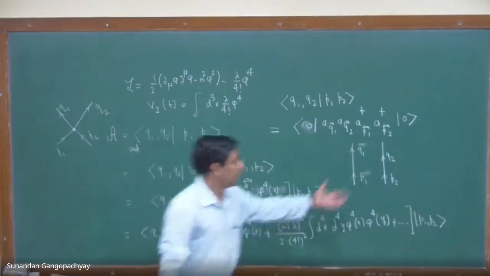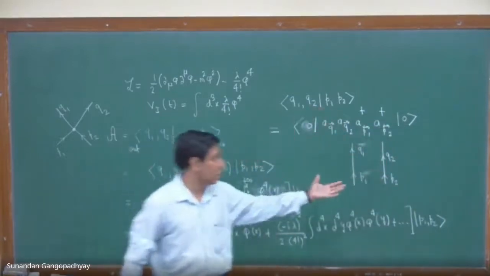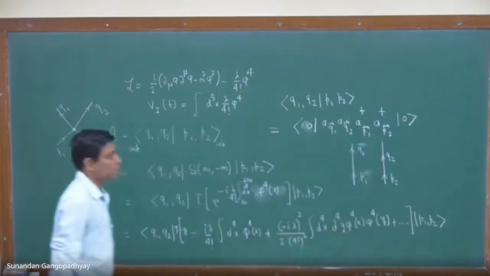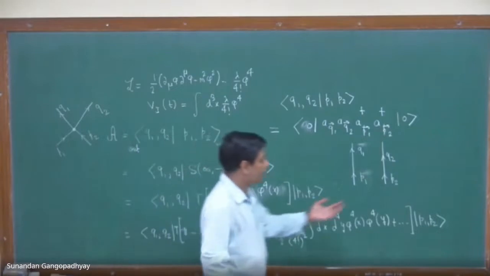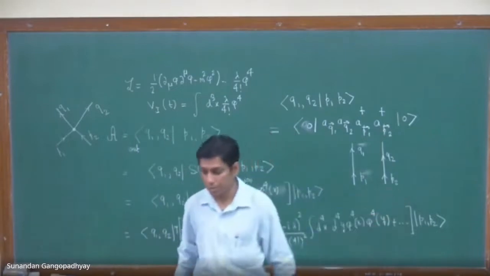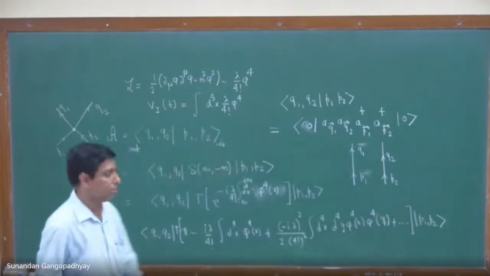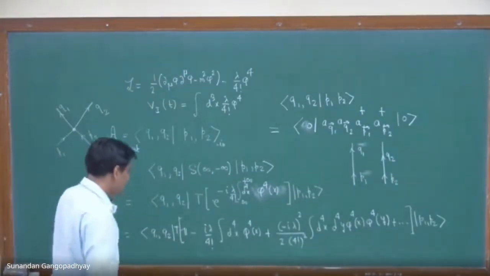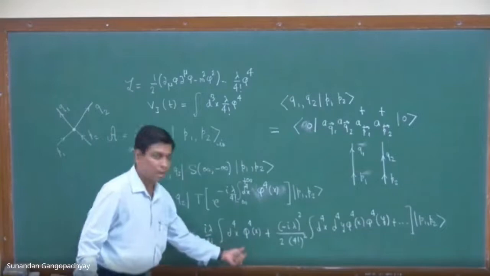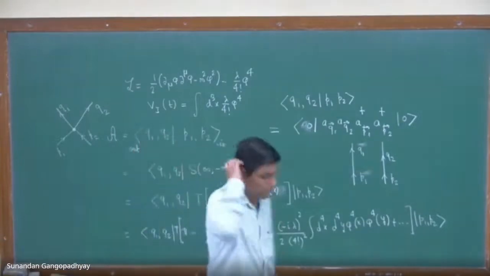So these are trivial. These processes do not take into account the effect of interactions at all. They do not see the interaction. So this is a trivial term that you get. But the interesting term starts from here. This is the first interesting term that you get.